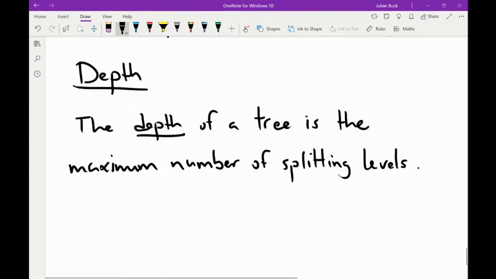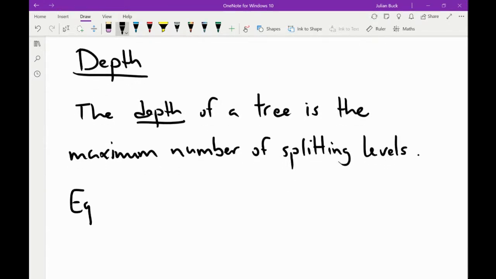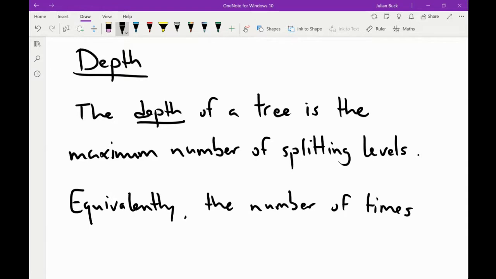Equivalently, if you like, the number of times yes/no questions are asked. Of course, I closed it, now I need to bring it up again. So just coming back to the example that we were looking at.